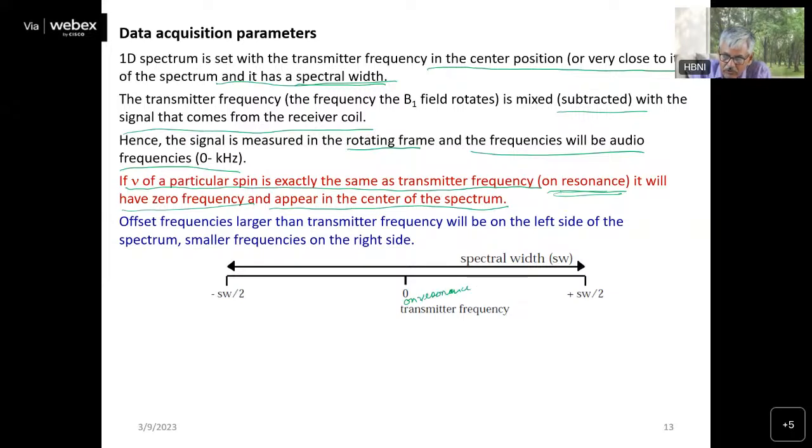On resonance nuclei will come here. Anything having a positive offset is on this side, and this side will be negative offset.